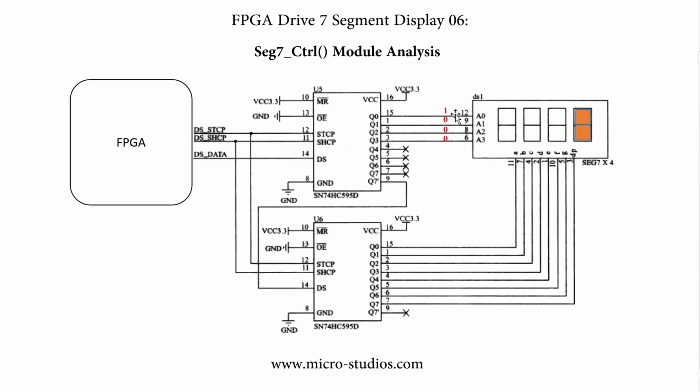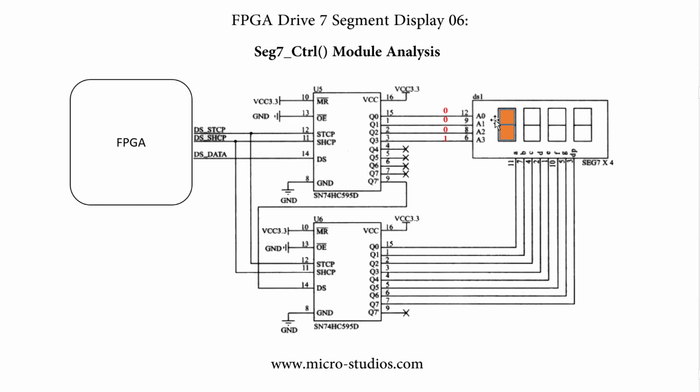So if we give 1, 0, 0, 0, it turns on this display. Another one, if it's 0, 1, 0, 0, it turns on this one. Another one, if 0, 0, 1, 0, turn on this one. And the last one will turn on this one.